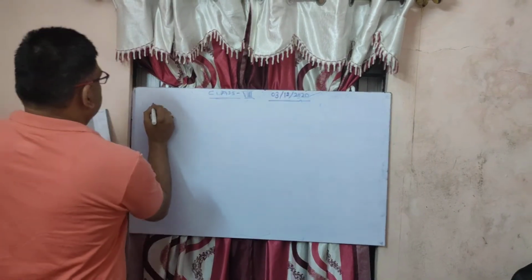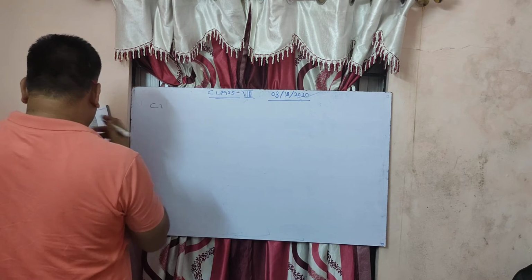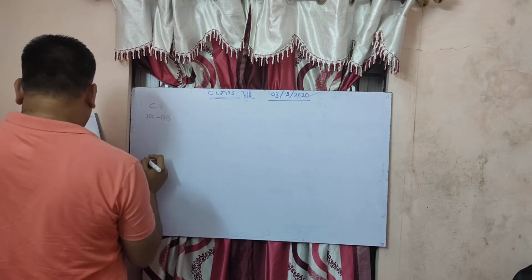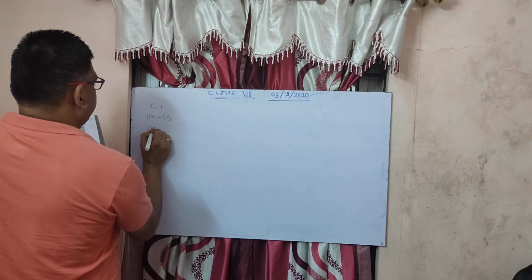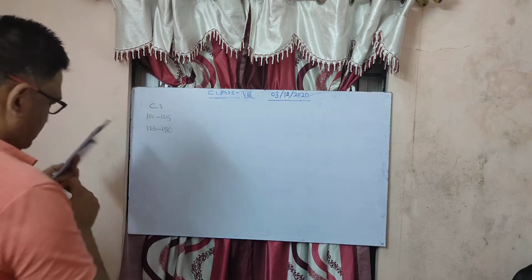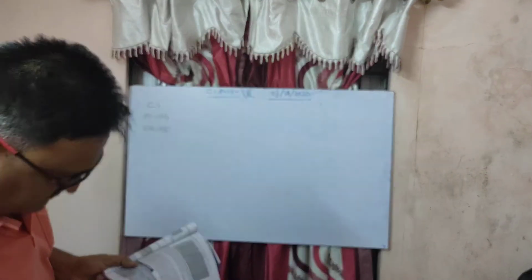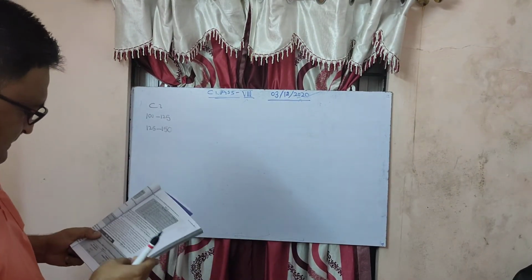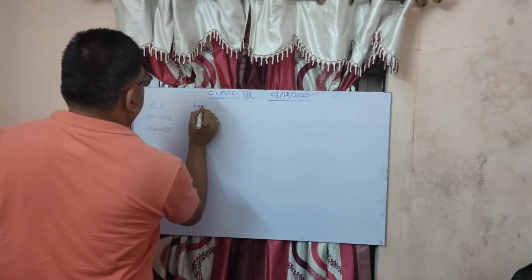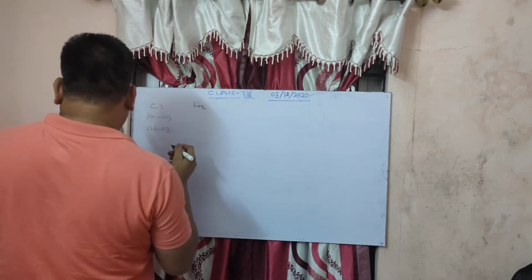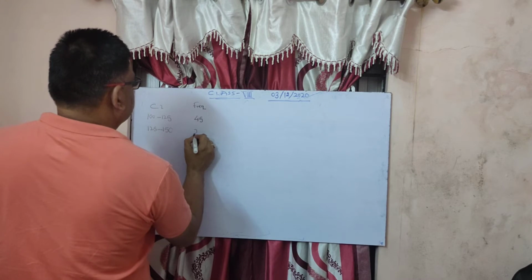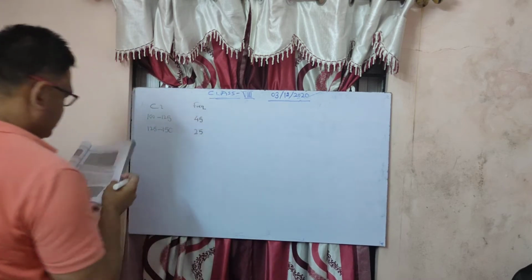Now, what is given? Class interval is given: 100 to 125, 125 to 150, and here frequency is there. Here it is 45. Here it is 25.